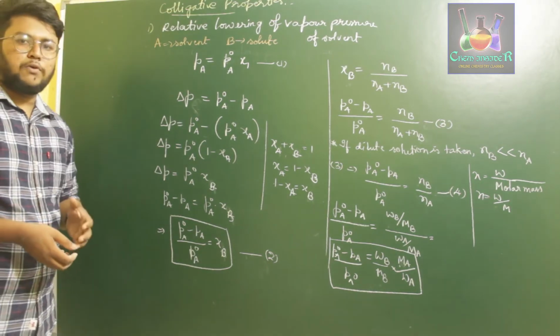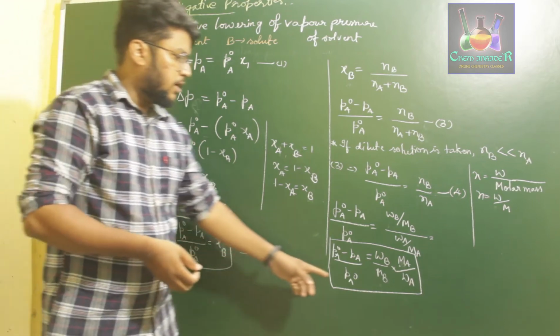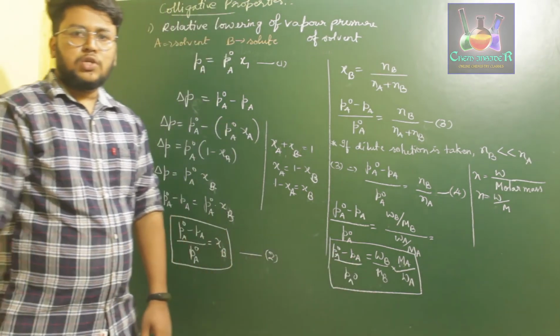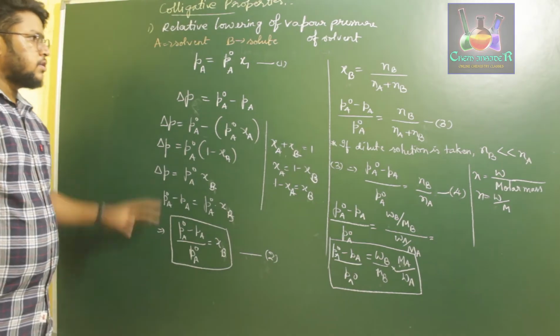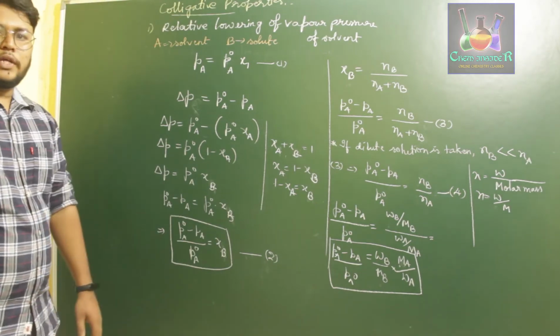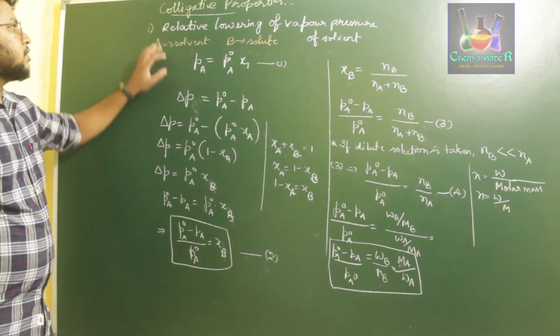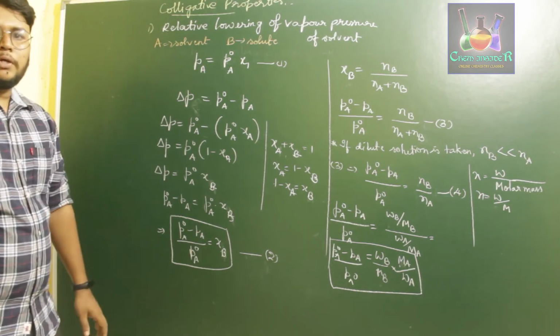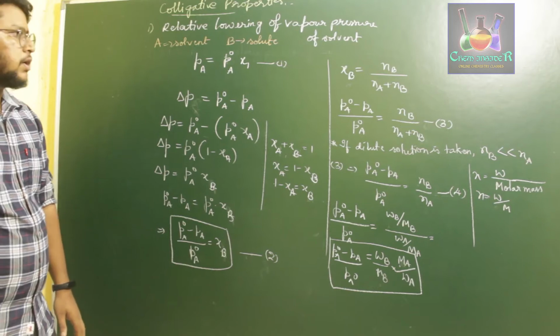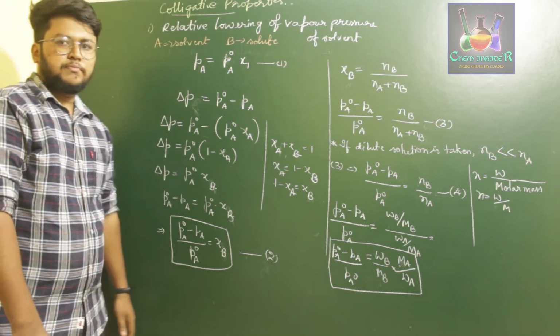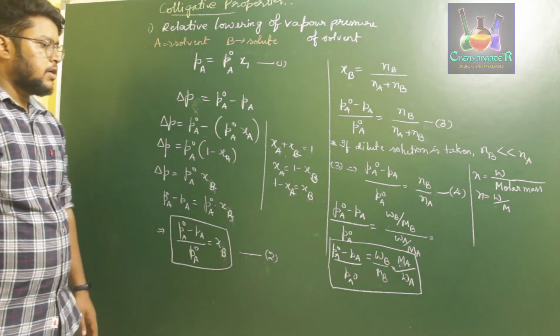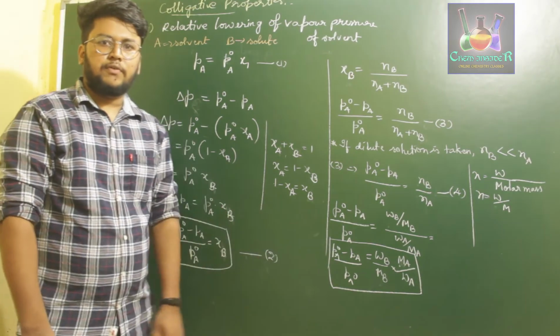Relative lowering of vapor pressure is depending upon the molar mass of the solute. Okay, so this is about the derivation for the expression which we have to use to calculate molar mass using relative lowering of vapor pressure of a solvent. I hope you have understood this. Next, we'll solve some problems using this particular formula.